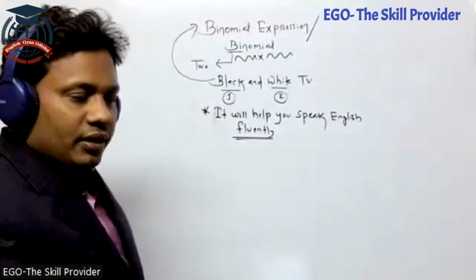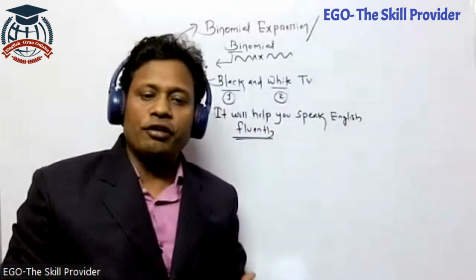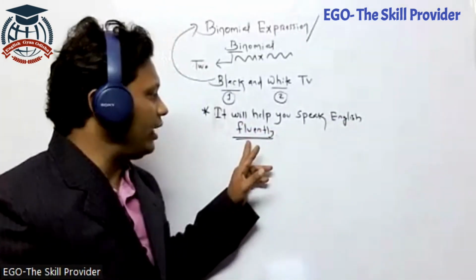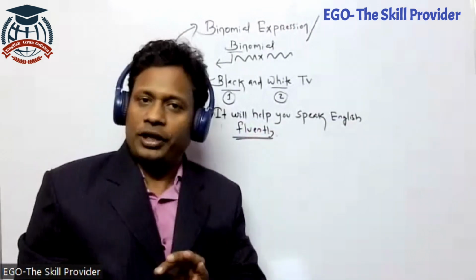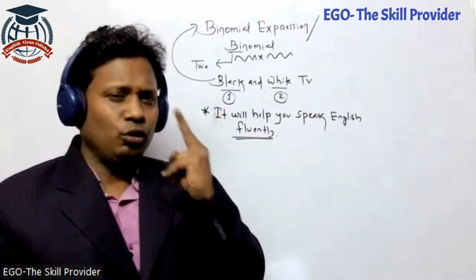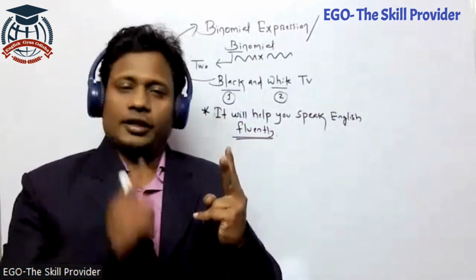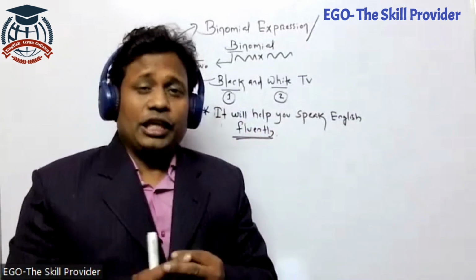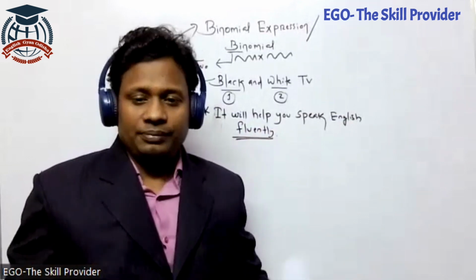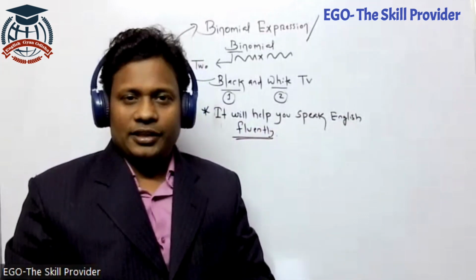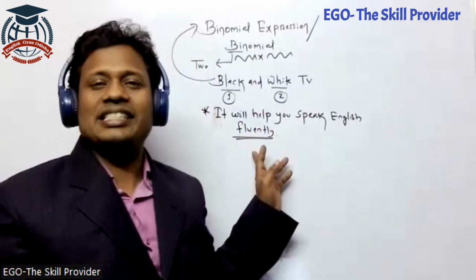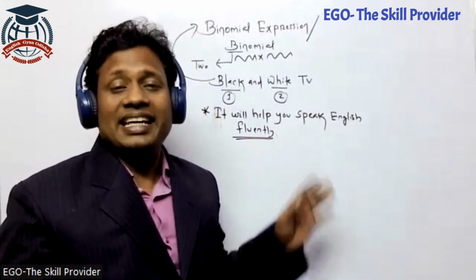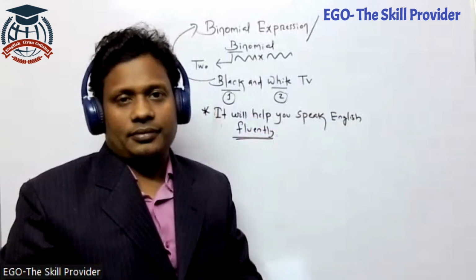To improve your fluency, we are learning something called binomials. Binomials are very important because they are going to give you two advantages. The first one: you can speak just like a native speaker. The second one: it is going to help you speak English fluently.